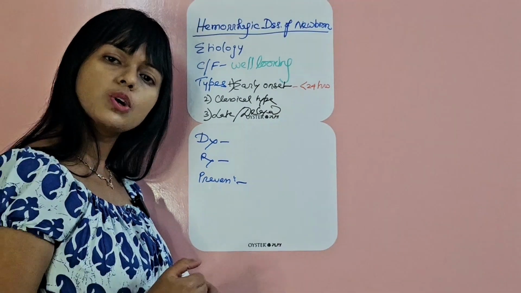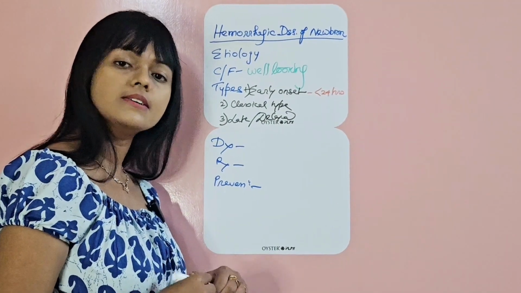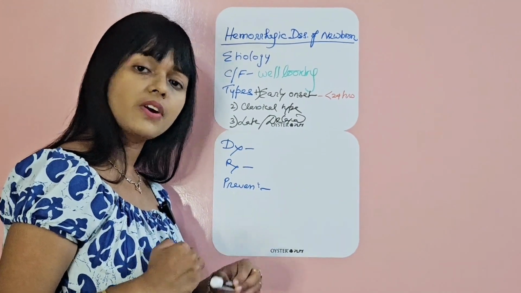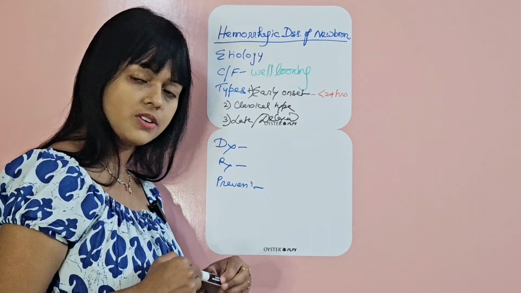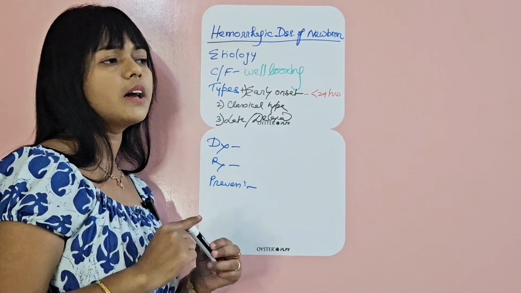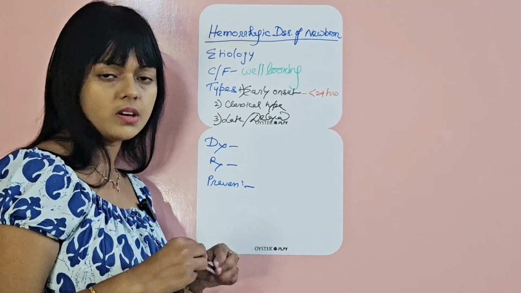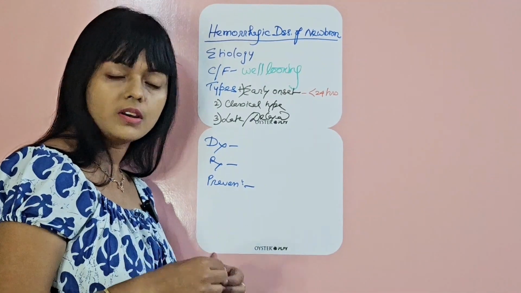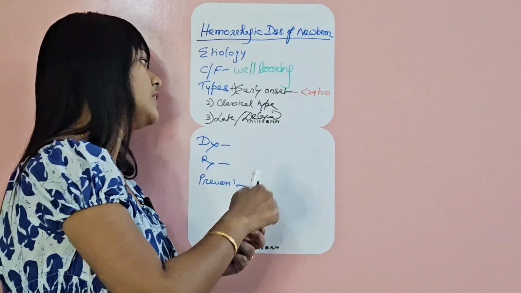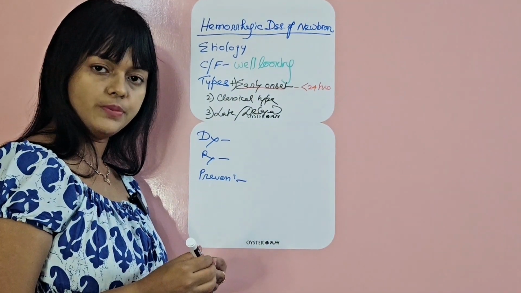And what can be the etiology of this early onset? If the mother is on drugs which interfere with vitamin K function, that can lead to early onset. And what are the drugs, students? Like anticonvulsants, namely phenytoin. If the mother is on warfarin, if the mother is on salicylates, then it can lead to early onset type of hemorrhagic disease of newborn.